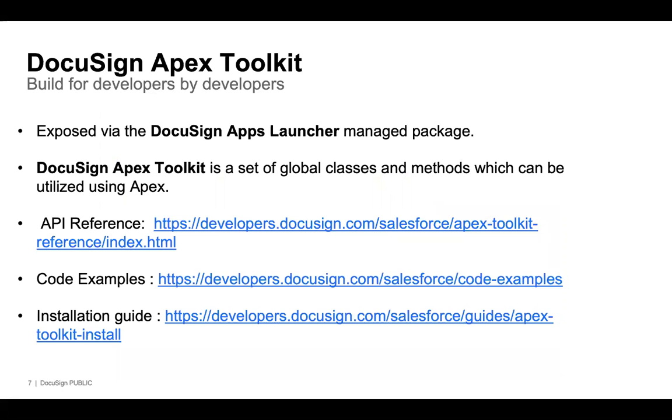So DocuSign Apex Toolkit. As you saw earlier, it is a part of the DocuSign Apps Launcher managed package. So what exactly is the Apex Toolkit? Basically, Apex Toolkit is a set of global methods and classes that can be utilized by Salesforce customers who have installed DocuSign Apps Launcher in their organization.